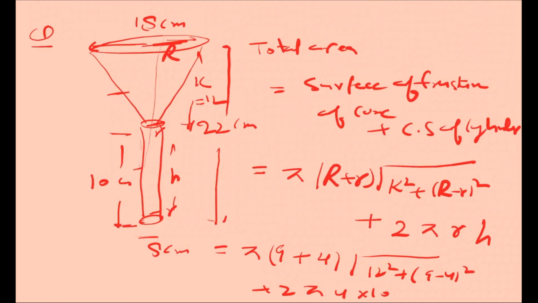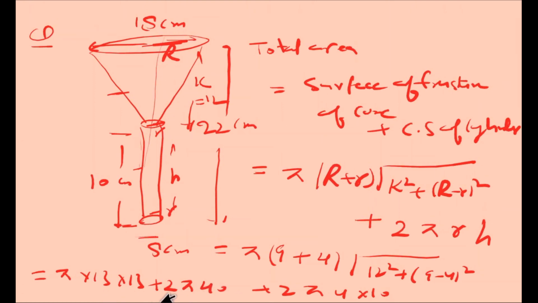Now you can solve this. Pi into 13 into, solving 12 square plus 5 square, that becomes 169, so 13. 9 plus 4 is 13, so pi into 13 into 13 plus 2 pi into 4 into 10. So what we get here is pi into 13 into 13 plus 2 pi 40.